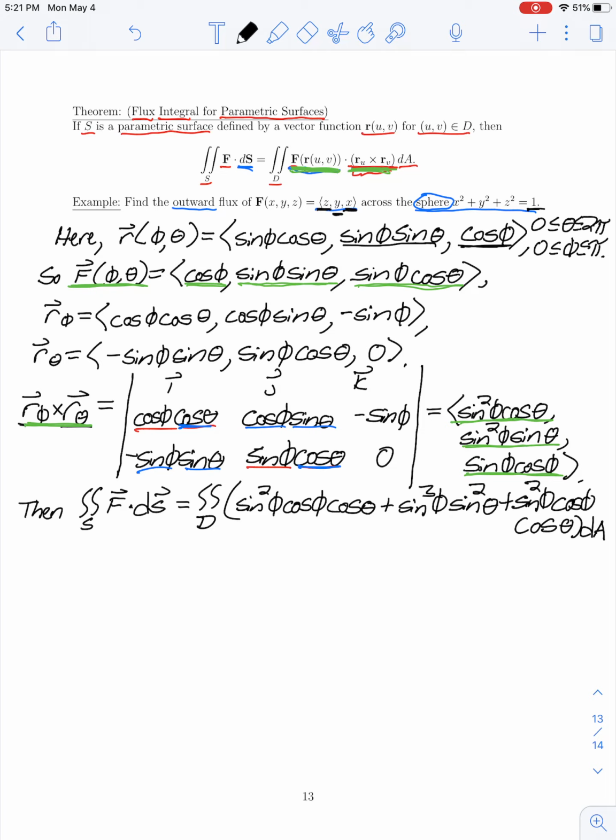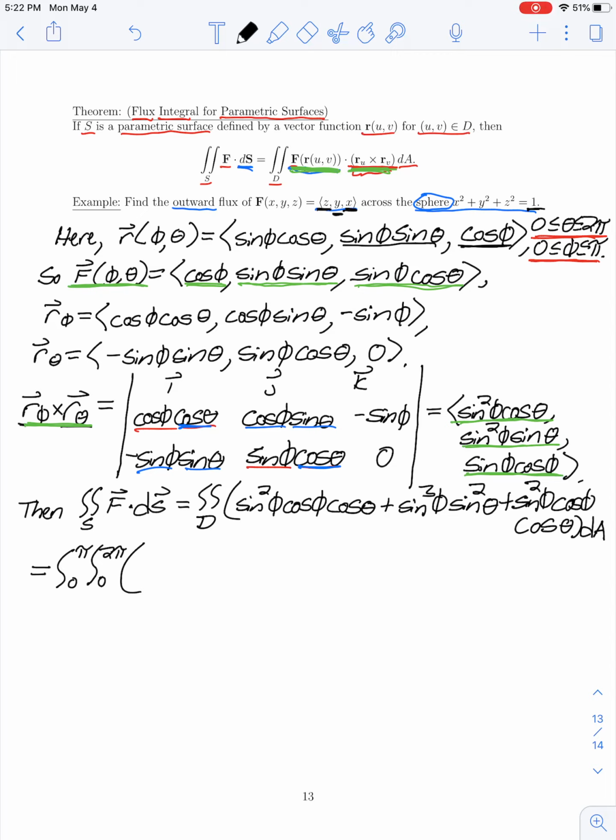So here, setting this up as an iterated integral, let's make our outer integral with respect to phi, and we had seen in our earlier work that the range of values for phi were from 0 to pi. So our outer integral would range from 0 to pi. Our inner integral with respect to theta would range from 0 to 2 pi. And now let's look at our integrand.